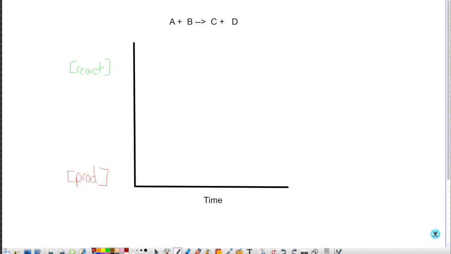So let's say that I get something that looks like this. This is still a state of equilibrium, right? But in this case, the concentration of products is going to be much higher than the concentration of reactants once they hit equilibrium.